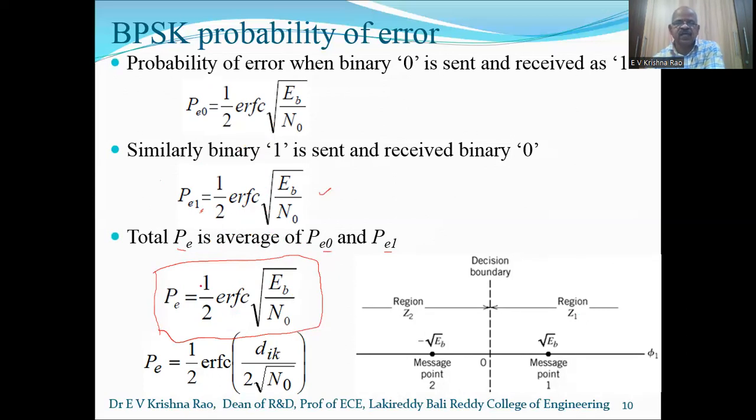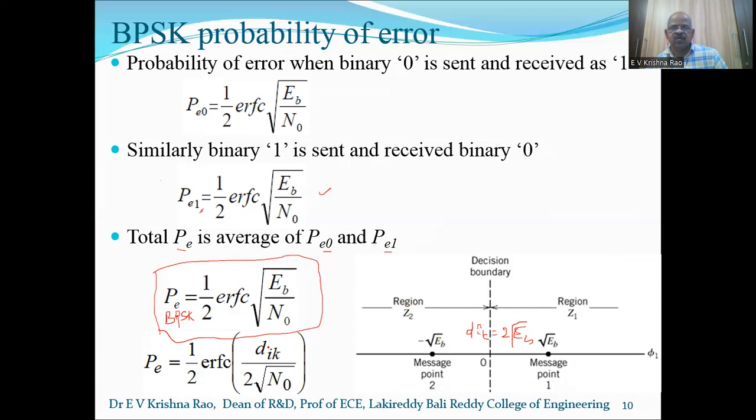So this is the probability of error of BPSK, which can be written in terms of the equivalent distance. What is the equivalent distance? d12 is 2 root EB. Substituting, root EB is d12 by 2.